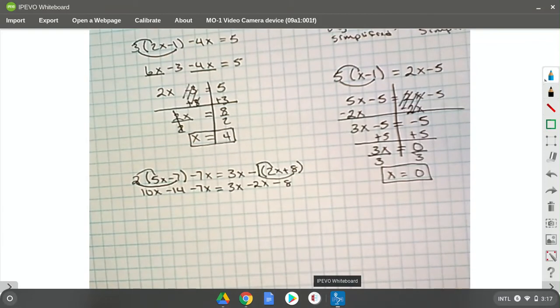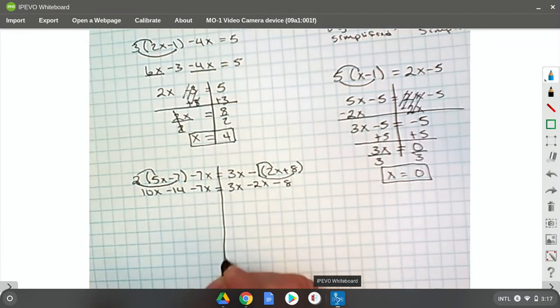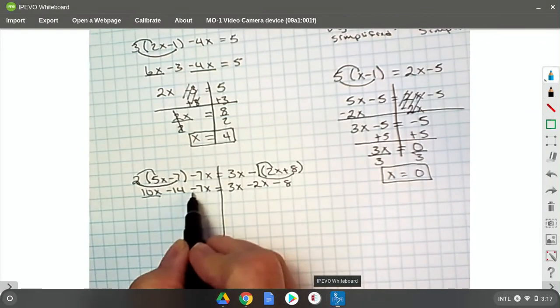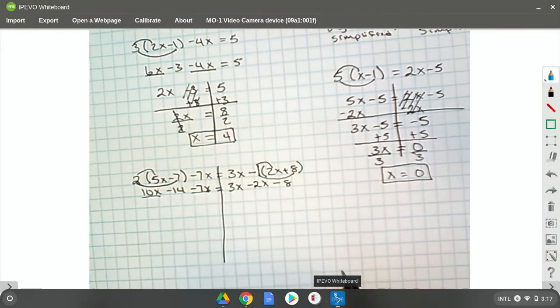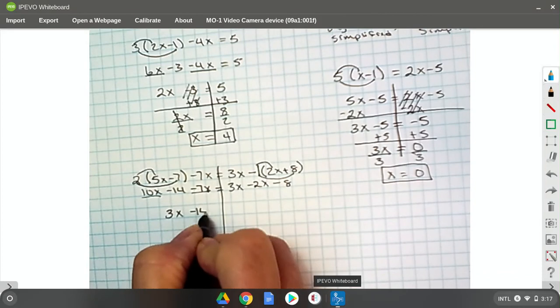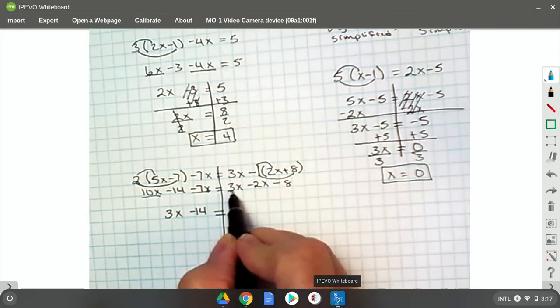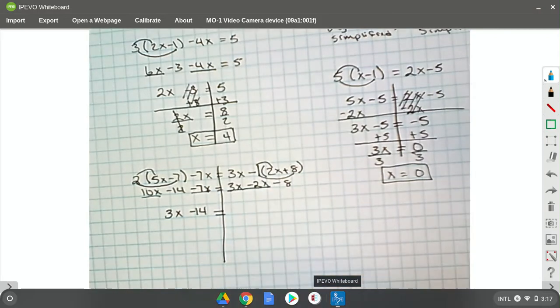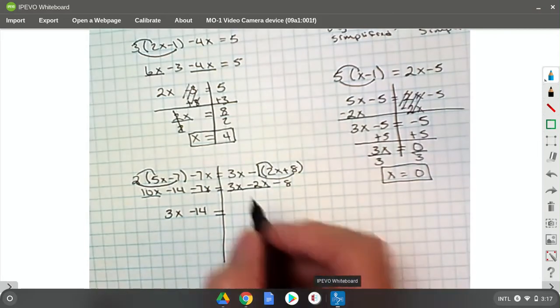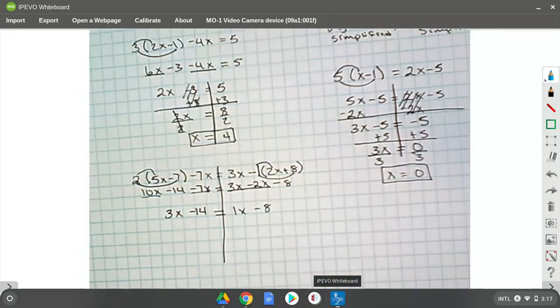Now I've got some like terms I can clean up, and I'm working on one side at a time. Here I have 10x minus 7x, so that's going to give me a 3x minus 14 equals, same side so I can simplify, 1x minus 8.